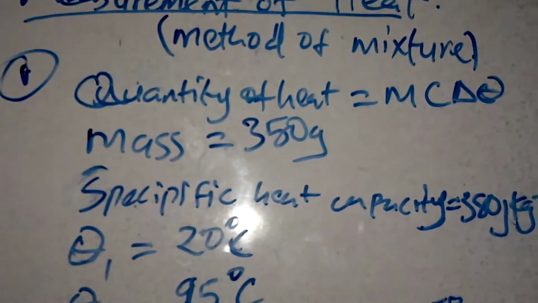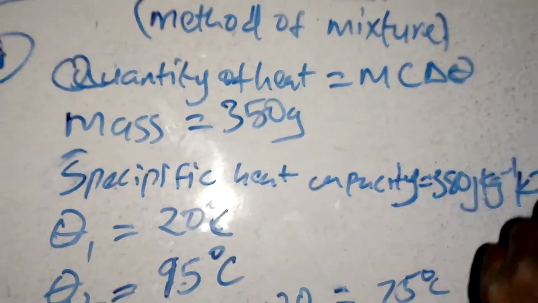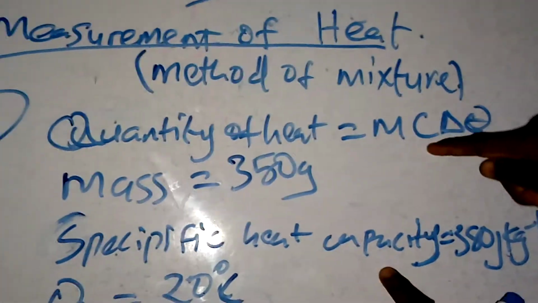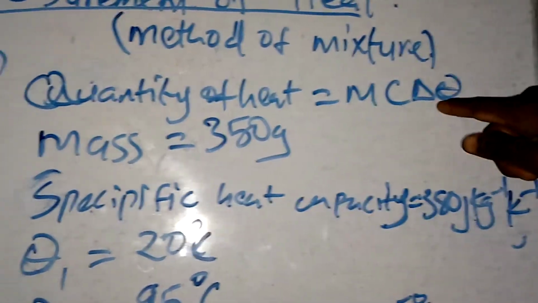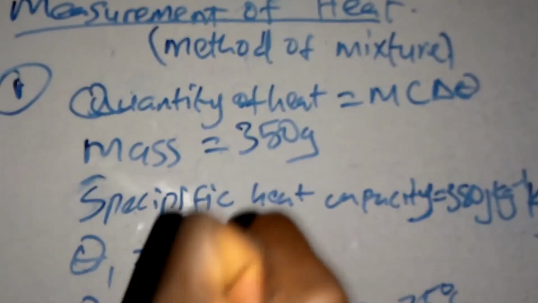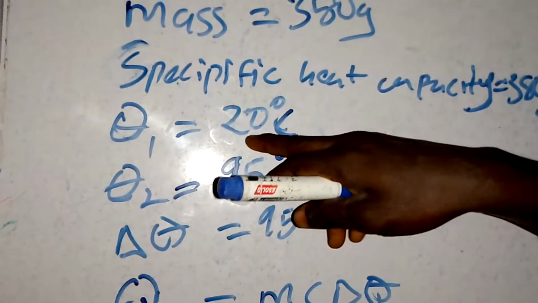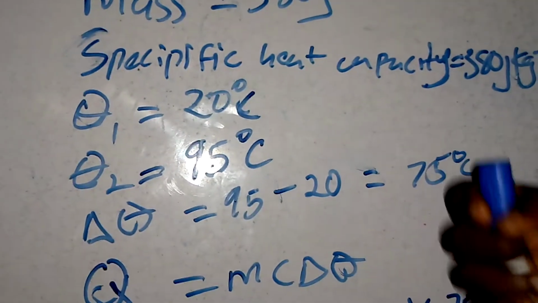In the question we were told to look for the quantity of heat, and the formula for quantity of heat is mass times specific heat capacity times change in temperature. The brass is very hot at 95 degrees Celsius and is now cooled, so there is a change in temperature.